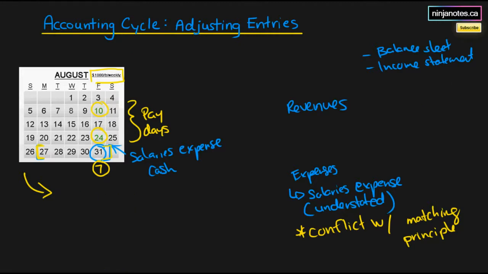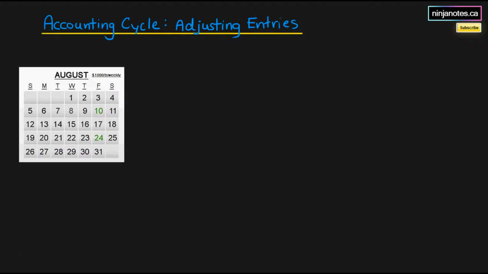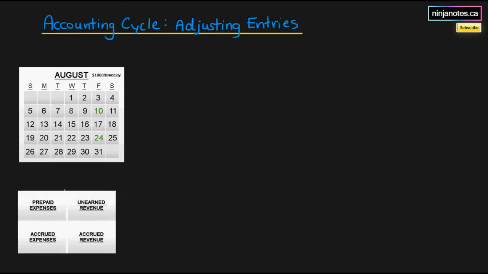And we'll learn about the others, and I actually have created this table to just show you that we've covered this one right here, accrued expenses. You'll actually notice that these two adjusting entries are opposites of each other, and these two are opposites as well.